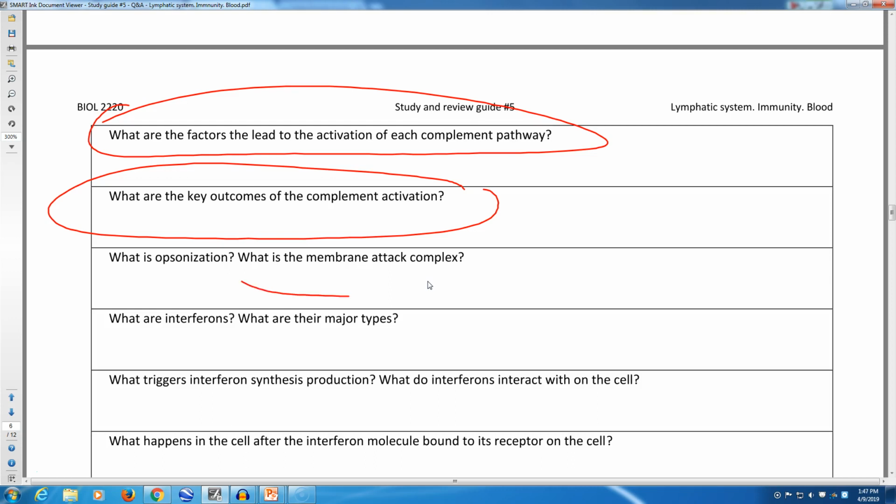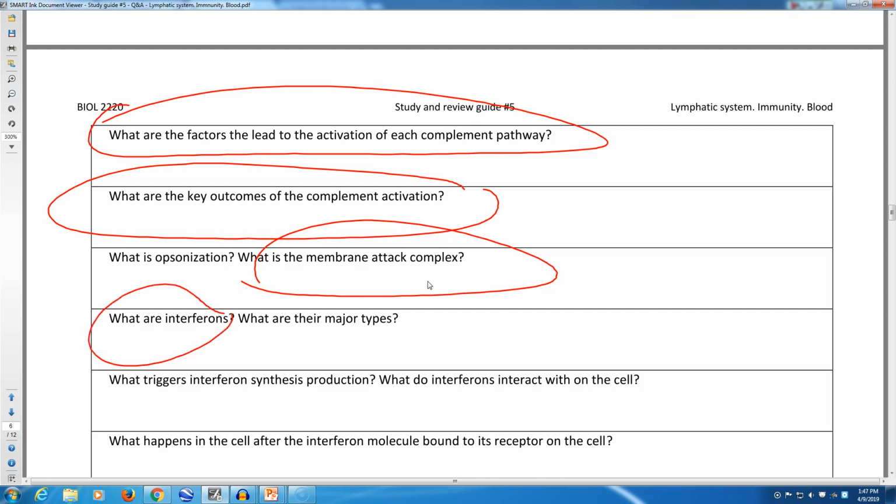Be able to know what membrane attack complex is. Basically, it penetrates the membrane of the pathogen and leads to its lysis. And then opsonization, proteins of complement surround the microorganism, making it more attractive to the phagocytes.